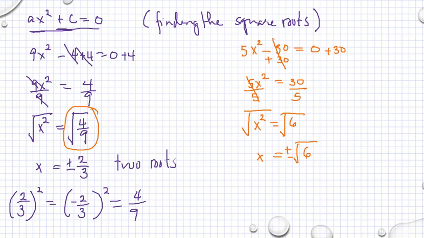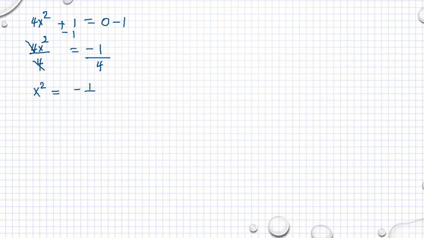Another that I want to show you is that sometimes we have, for example, 4x squared plus 1 is equal to 0. And then we have 4x squared. We subtract 1 from both sides of the equation. And we have negative 1. If we divide both sides of the equation by 4, then we have x squared is equal to negative 1/4.